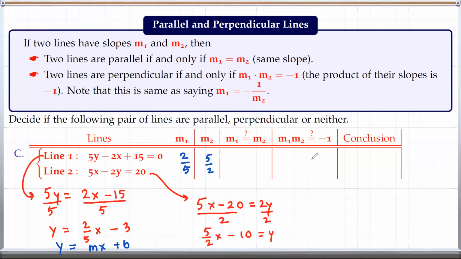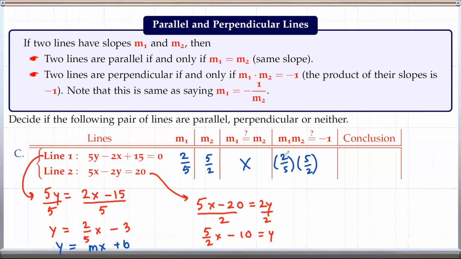Now we look at these two conditions. The first condition is m1 equal to m2. So 2 by 5 is definitely not equal to 5 by 2. So this is not true. The second condition is the product being -1. So let's quickly test that. We have m1 as 2 by 5 and m2 as 5 by 2.